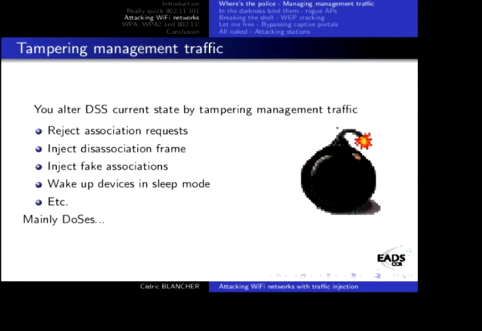For people who are already associated, you can send disassociation frames, telling them, oh, I'm the access point and I don't want you anymore on my access point, so go away, and they go away. You can inject fake associations, for APs that have a limited number of associations at the same time, so when it's full, you won't connect anymore.